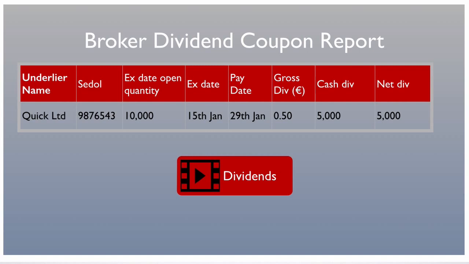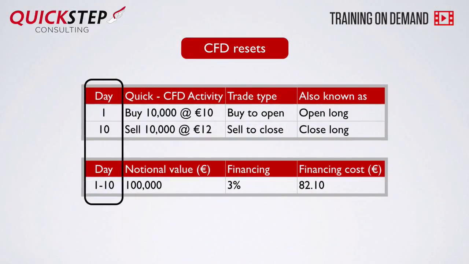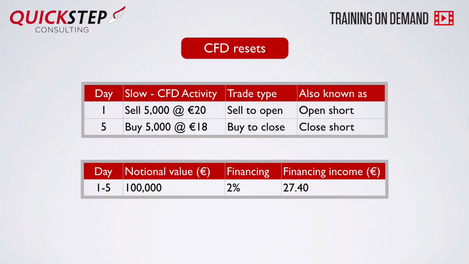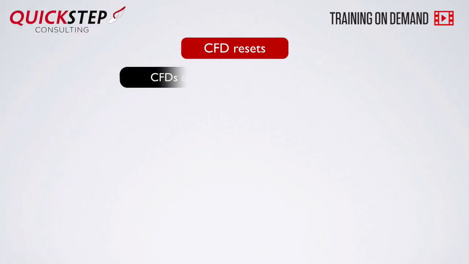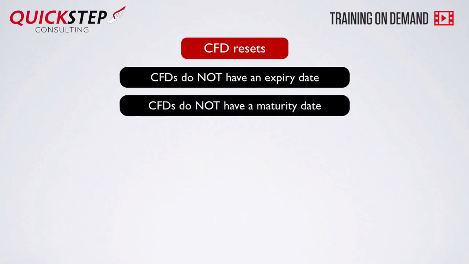In the previous examples, the fund kept the positions open for just 10 days and 5 days respectively. What would happen if the fund kept the positions open for much longer? Unlike futures contracts, CFDs do not have an expiry date. Unlike swaps, CFDs do not have a maturity date.